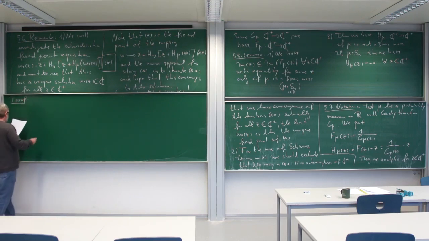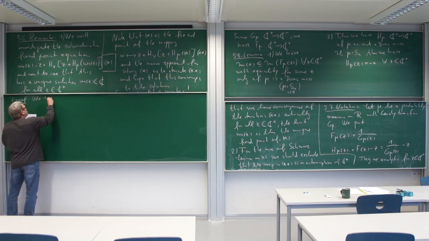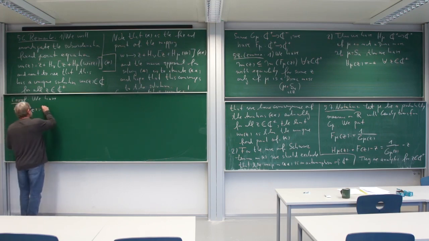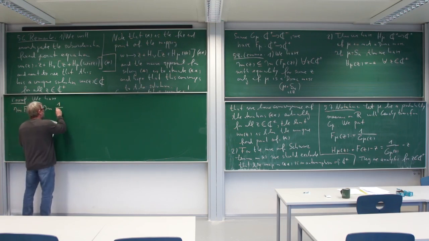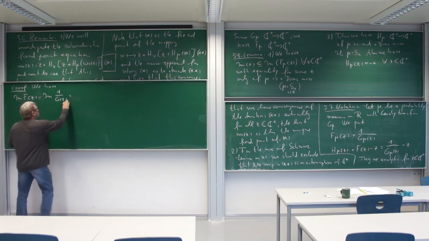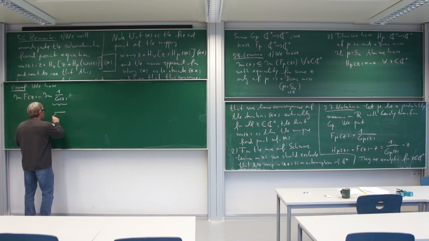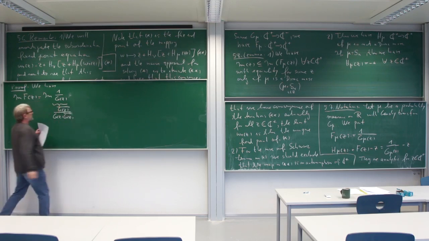Good. Okay, so what do we have? I want to get the imaginary part of F of z. F of z is 1 over G. I want the imaginary part of 1 over G of z. Good, so how do I get this? Of course, I write this and multiply this with G of z times G of z conjugate, and here the complex conjugate.